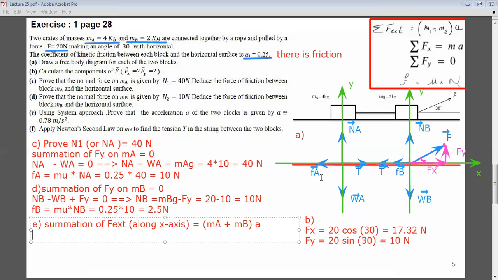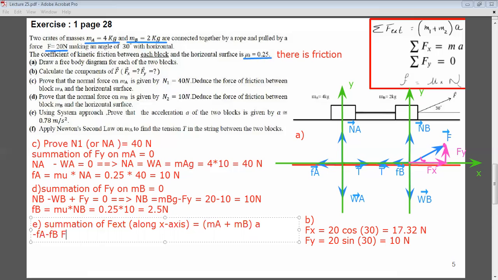Now, what are the forces along the x-axis that are external? There is FA, but it's in the opposite direction of the x-axis, so minus FA. Tension is an internal force, we don't consider it. FB is on the x-axis, in the opposite direction, so we also consider it.